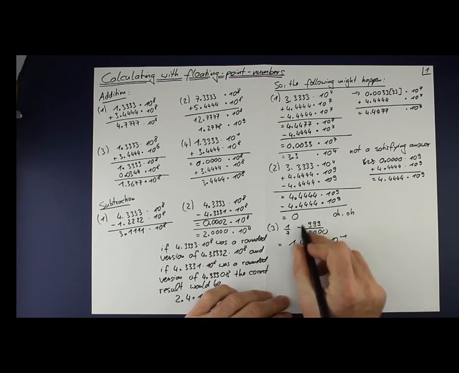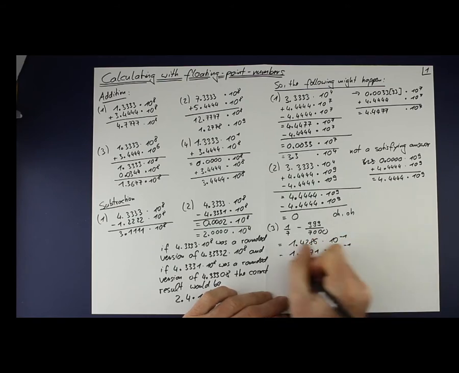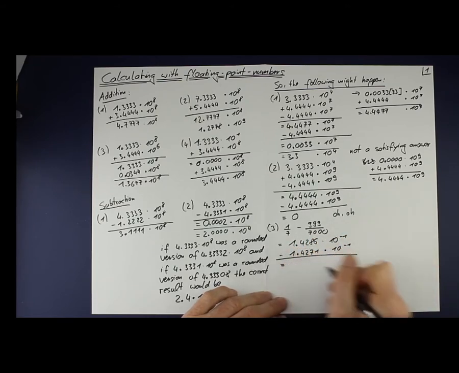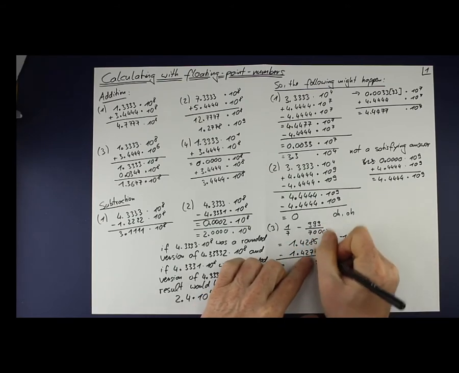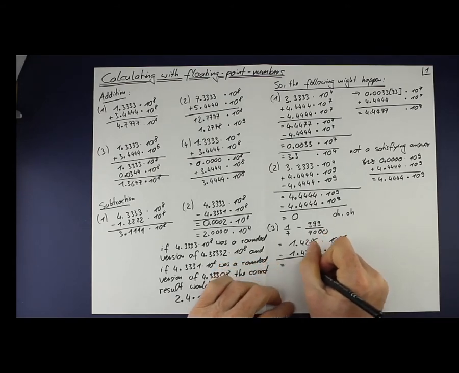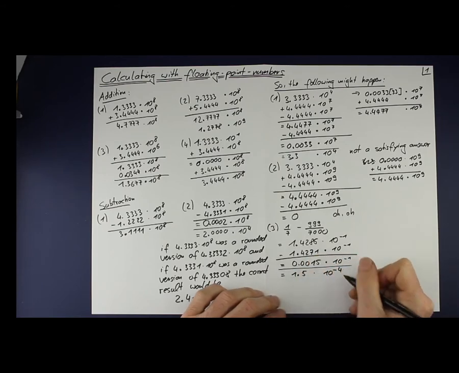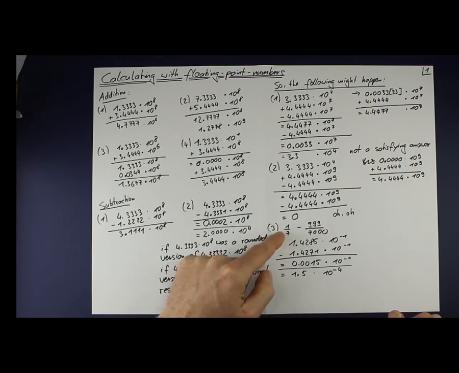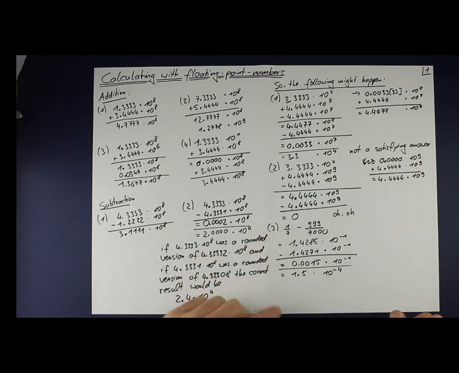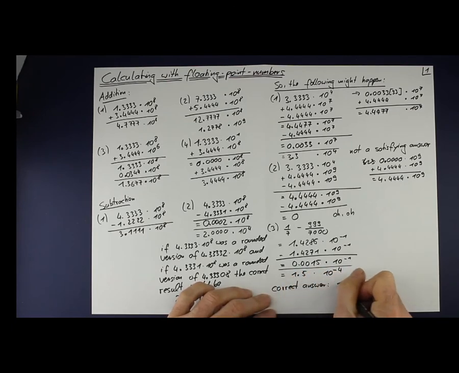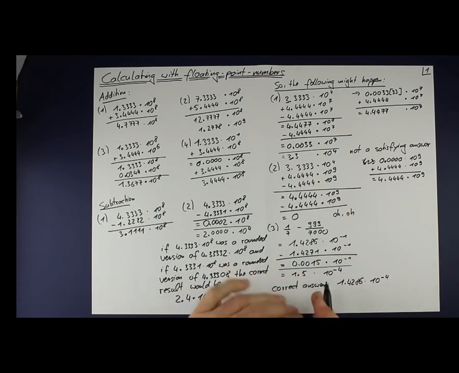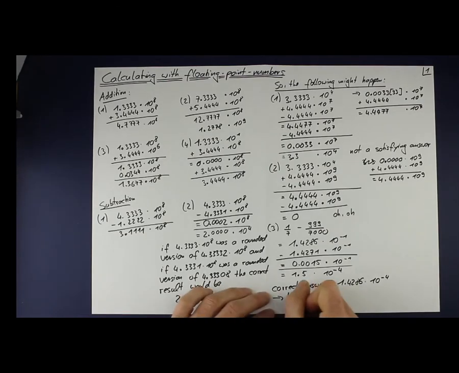And then let's transfer that. And doing that, we will get 51000. And that is 1.5 times 10 to the minus 4. The correct answer, if you do that calculation with electronic help, you will get. And so we have a big relative error, and it's not so nice what happened.